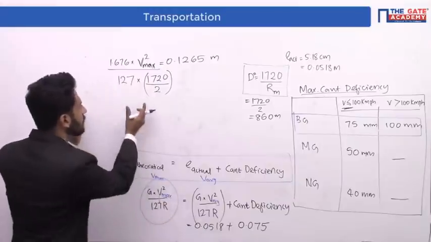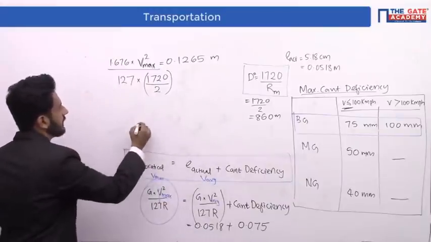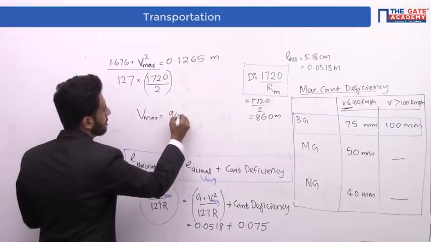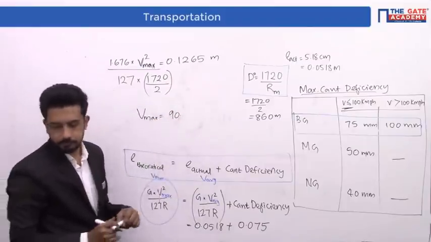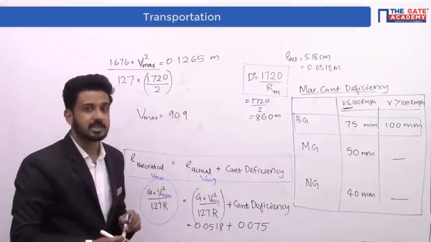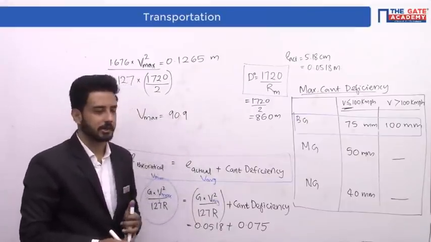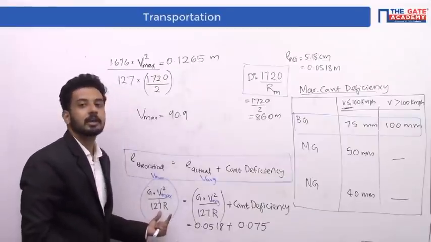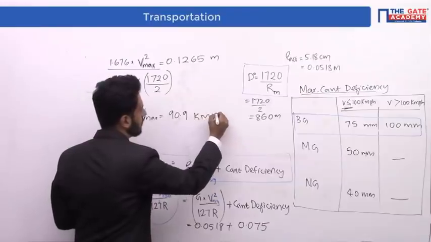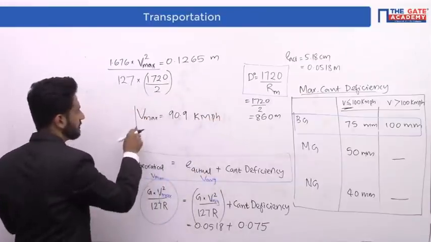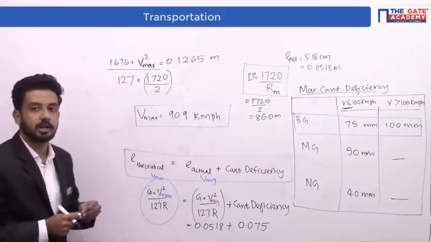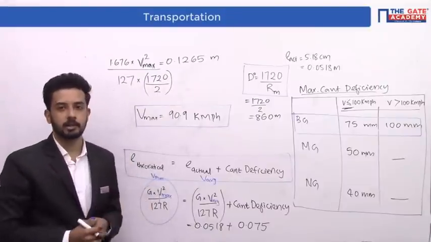Correct? So if you are taking everything there, finally we will get Vmax is equal to 90.9. Which unit? Meter per second or kilometer per hour? It is in kilometer per hour, correct? So what is the maximum speed? It is 90.9 kilometer per hour.